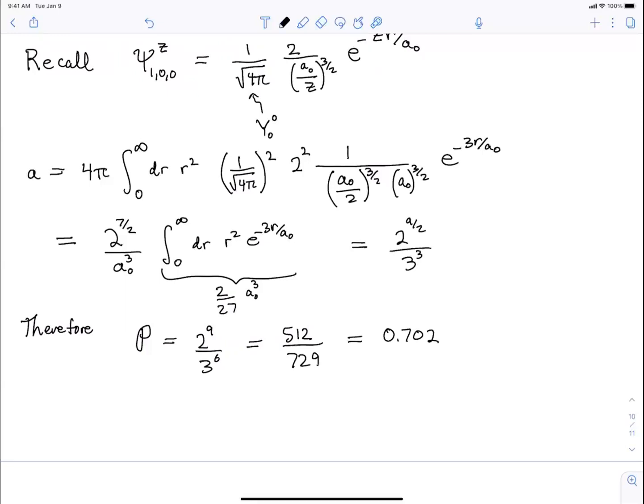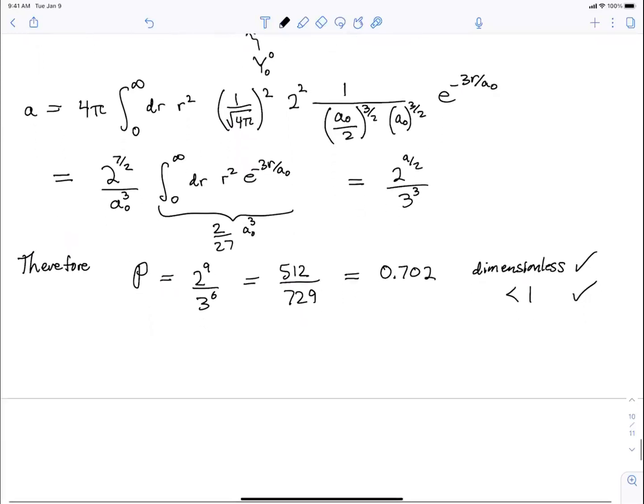Okay, and notice that the Bohr radiuses canceled, as they had to, because this had to be dimensionless. It's a probability, has no units. Okay, and it's less than 1. Okay, so that was the probability to start in the ground state and remain in the ground state.